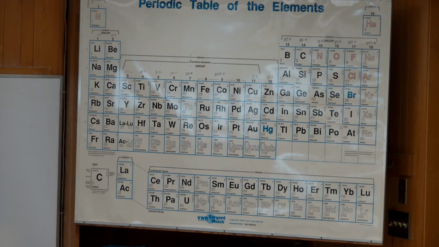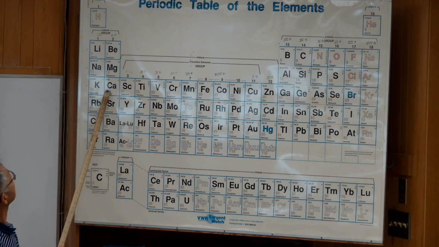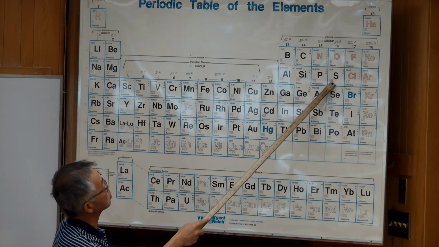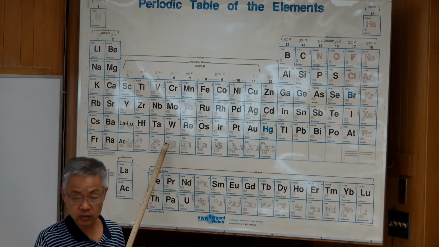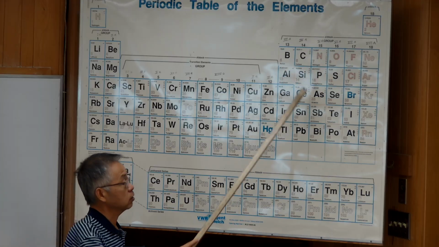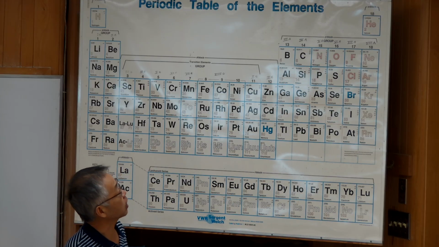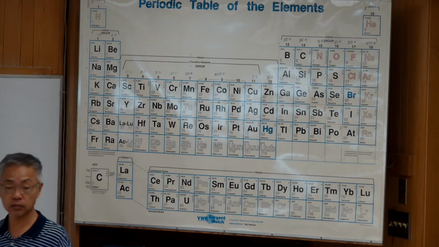Calcium 40.08, sulfur 32.06, oxygen 15.9994, just 16.